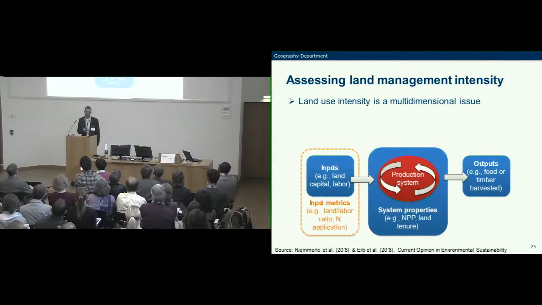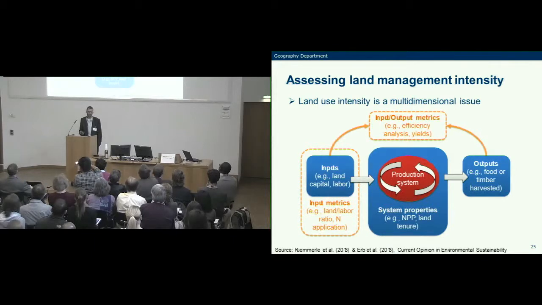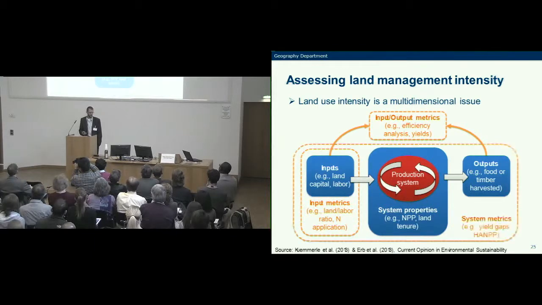You can do that either on the input side, how much fertilizer is used per land unit. You can put into relation inputs and outputs, which we do when we calculate yields, for example. Or you can put into relation either inputs or outputs with system properties. That would be yield gaps or the share of human appropriated NPP. So for mapping many of these land use intensity metrics, what you need to do is to combine ground data with satellite data or with satellite products.